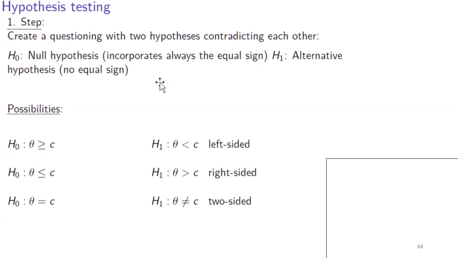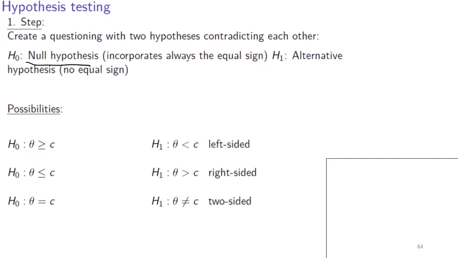And of course, this hypothesis testing I can do in such a way that I state the hypothesis which I want to test and the contradiction. The first one I call the null hypothesis, and the alternative is just the contradiction.